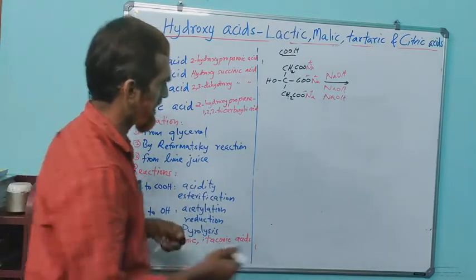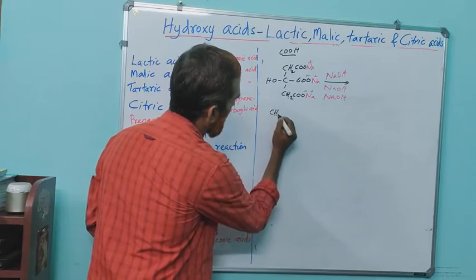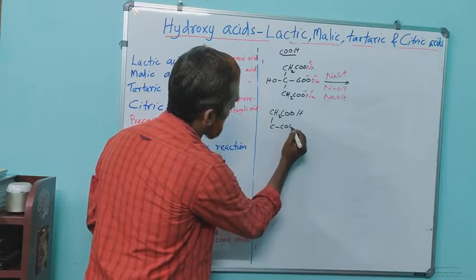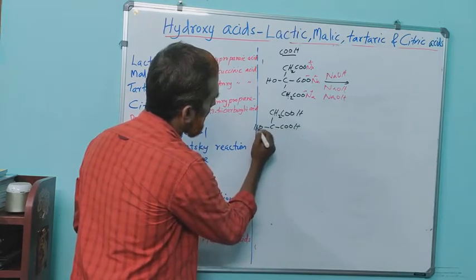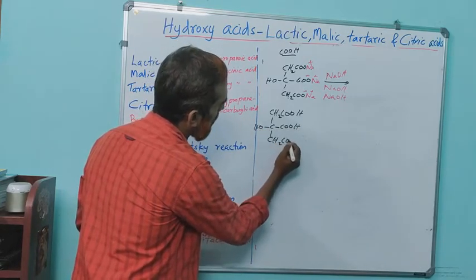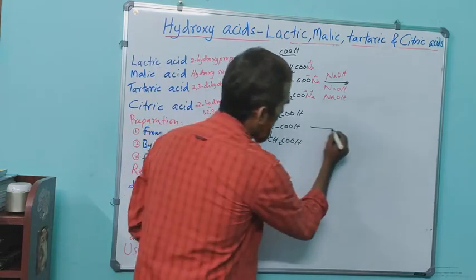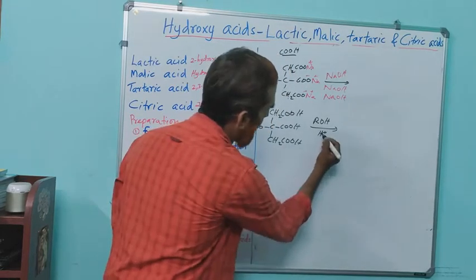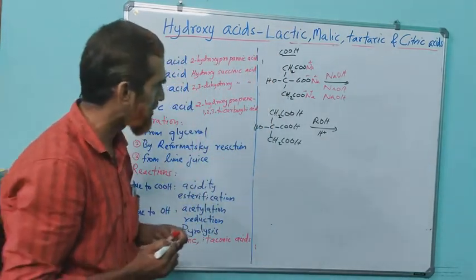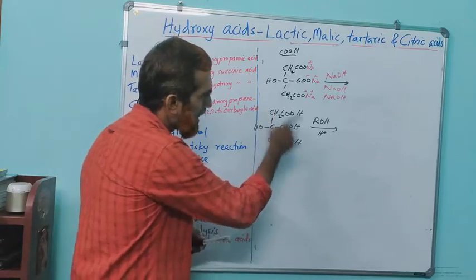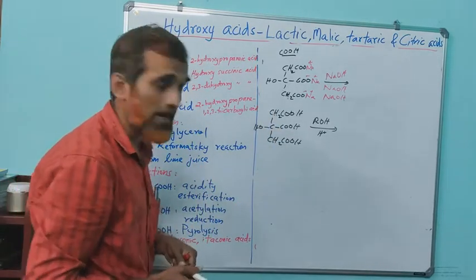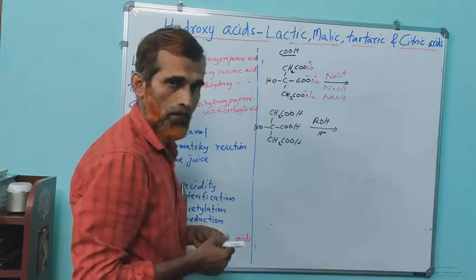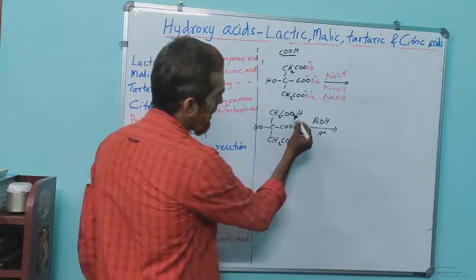Coming to esterification. When you esterify citric acid, increasing numbers of alcohols can react. When you add one molecule of alcohol in presence of acid catalyst, any of these acid groups will get esterified, there is equal chance. So there are two possible isomers formed. The monoester, these two are equivalent.